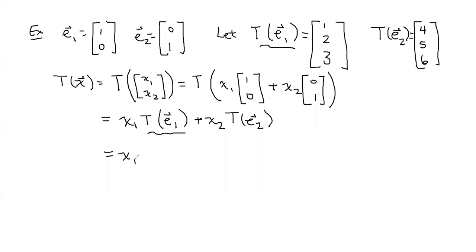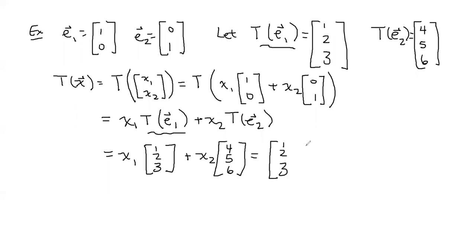So this is going to look like x1 times (1, 2, 3) plus x2 times (4, 5, 6). This is a vector equation, but we could rewrite it as a matrix equation if we wanted to. So we've got the matrix with columns (1, 2, 3) and (4, 5, 6) times (x1, x2). Okay, so (x1, x2) was a completely arbitrary vector in our domain, and we were able to write it as a matrix equation. So in fact, we found our matrix A.